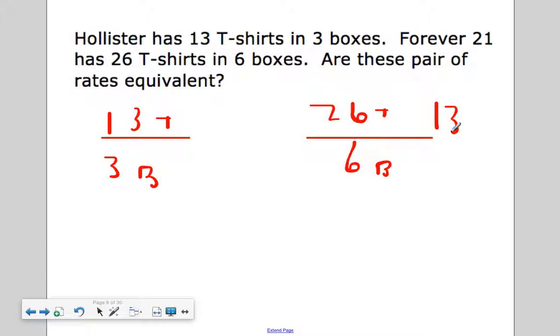That would be 13 t-shirts in 3 boxes. I stop right there. They are equivalent. Or another way I could have done it is, how do you turn 13 t-shirts to 26 t-shirts? Times 2. So I multiply by the scale factor of 2. So I can multiply 2 between these two numbers. I've gotten this. So they are equivalent.